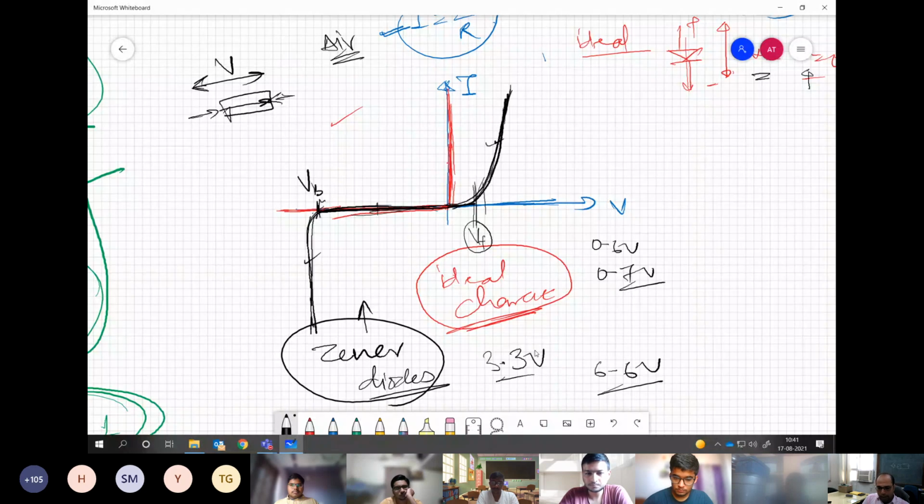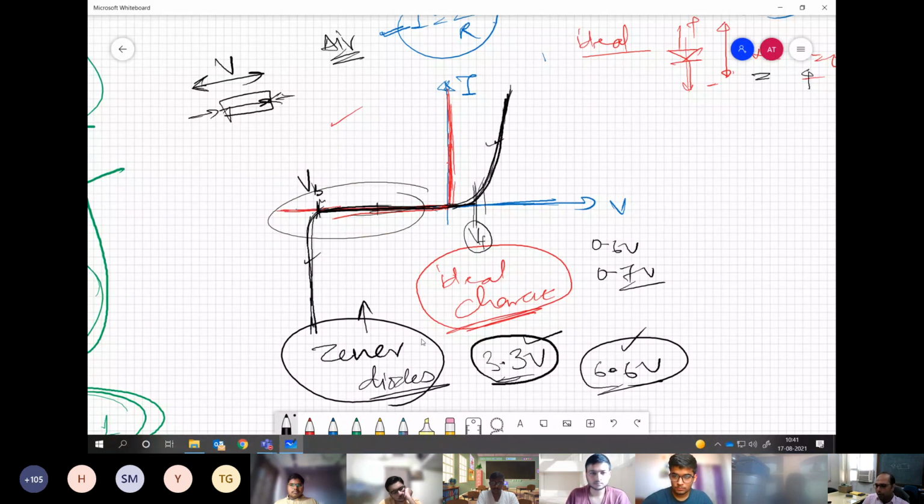In that manner, it ensures that the voltage is clamped at these values, whatever it is breaking down at. So there is a different use for this breakdown property. But here we are not going to use this breakdown property. We are going to use two different things. One where it is blocking and another where it is conducting.